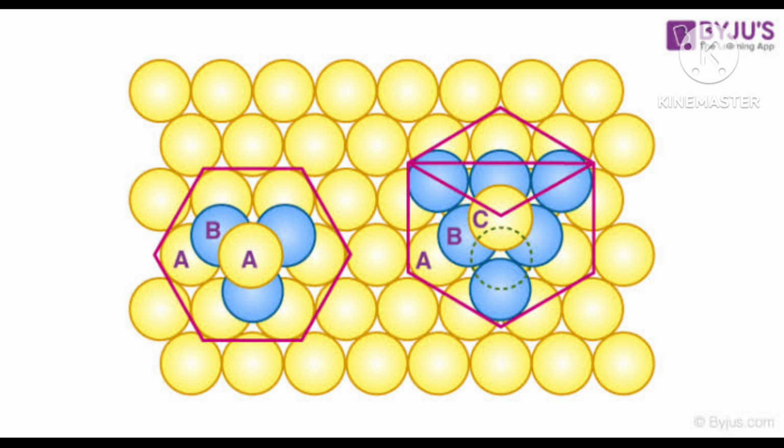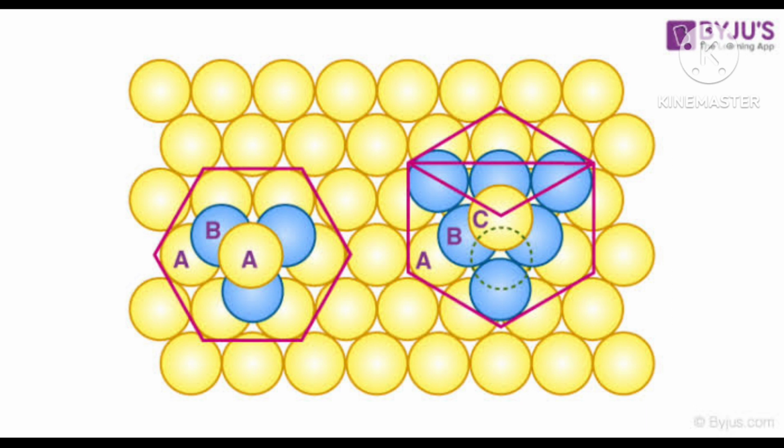Now what will happen, gaps are going to be covered. This is the main point. Placing the third layer over the second layer, you will cover the voids.